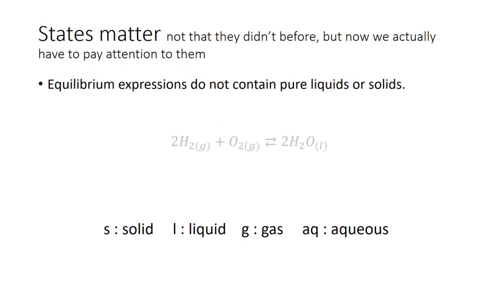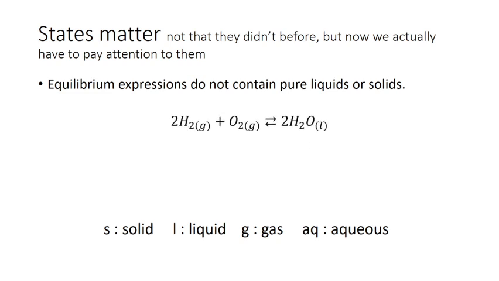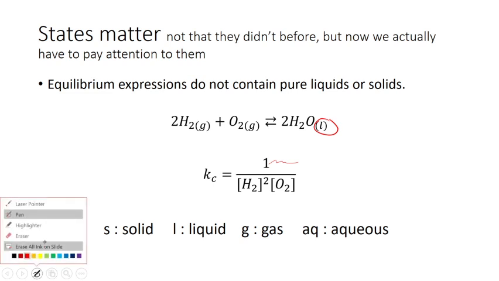As another example, if we have the synthesis of water by mixing of hydrogen gas and oxygen gas, our equilibrium expression for this is going to be right here, because water is a pure liquid, so it will not appear here on top in our equilibrium expression.